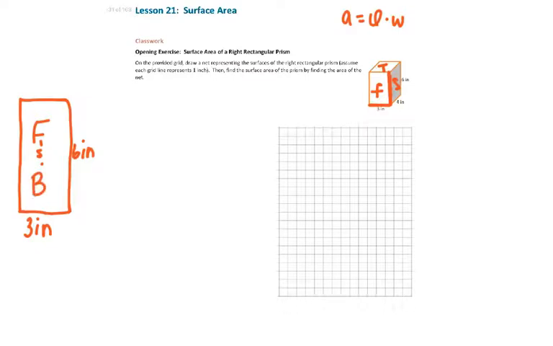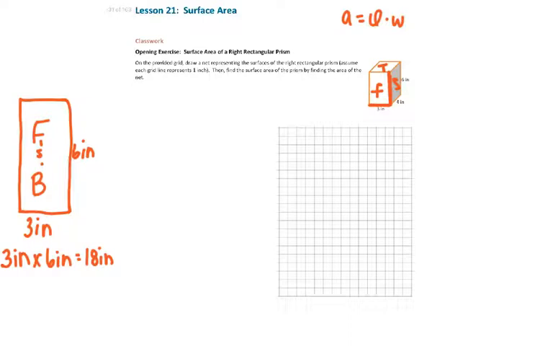Okay. So we're going to find the area of the front of this box by simply taking the length, multiplying it by the width. So right now, for the front of this box, I've got 3 inches times 6 inches, and 3 times 6 is 18. So that's 18 inches squared for the front of my box there.